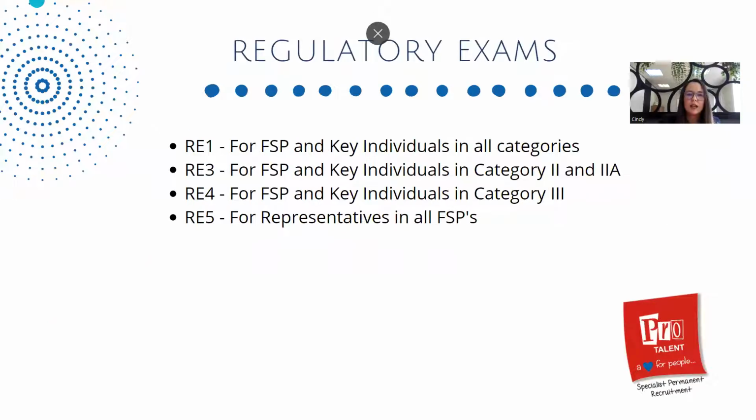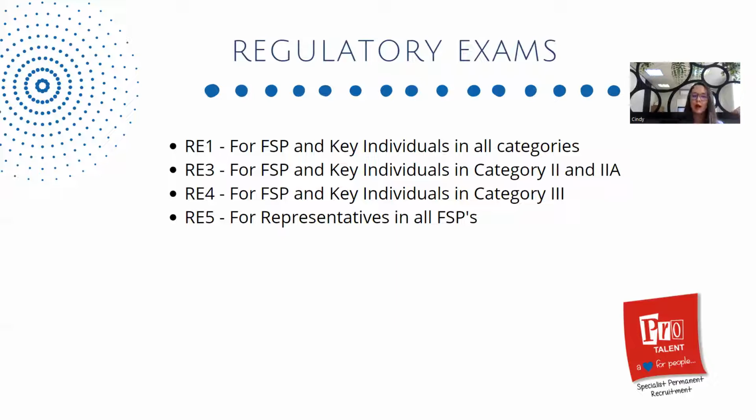Then we're going over to the next one, which is the regulatory exams. This is where a lot of confusion comes in. The FAIS credits are easy to understand, but when we get to the regulatory exams, people often confuse the RE1 with the RE5. I'm sure not all of you knew this, and I only found out recently, but there are actually four regulatory exams.